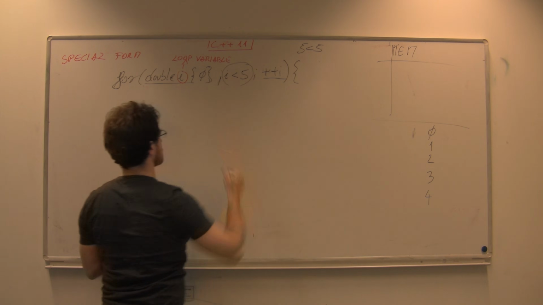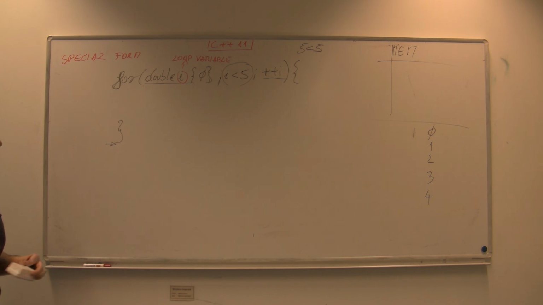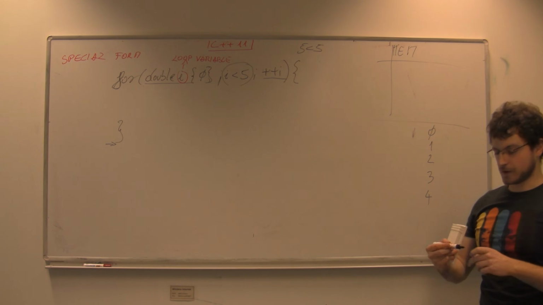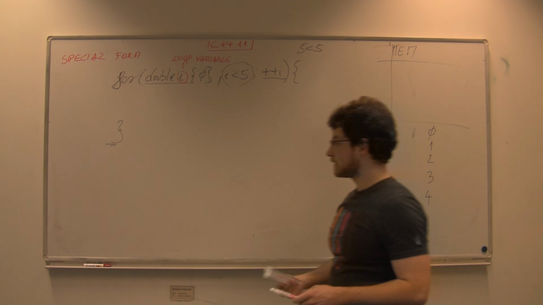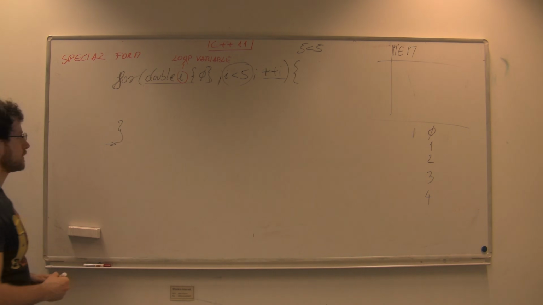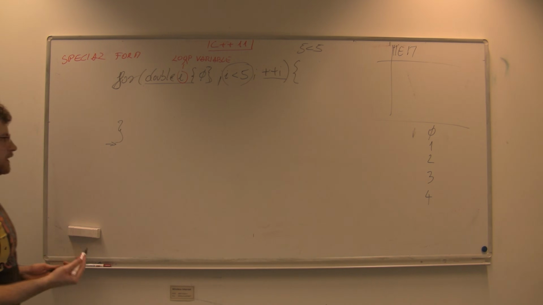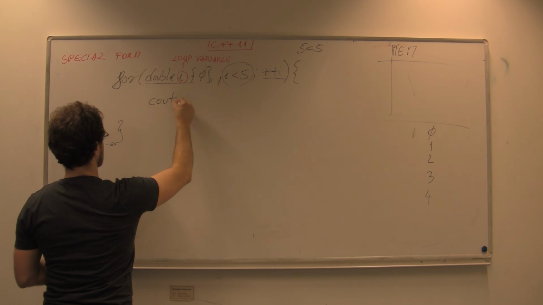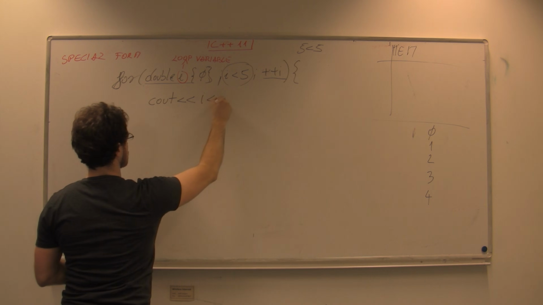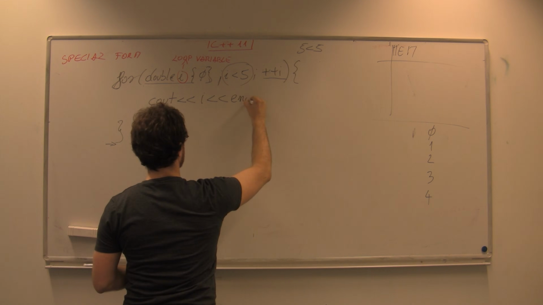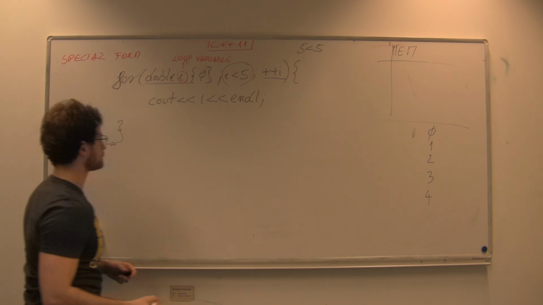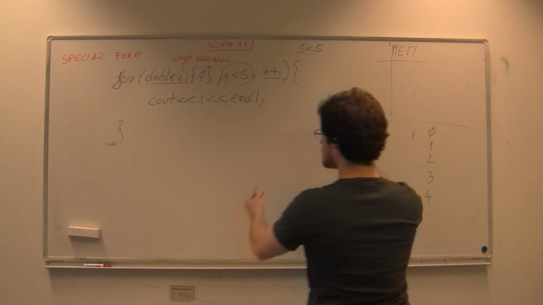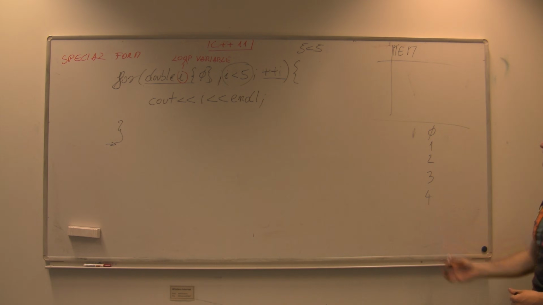So I'll write like this: i less than 5. And I will increment the loop variable by 1 at each step. And in each step, I will print out the value of this loop variable. And this special form expresses this very idea.